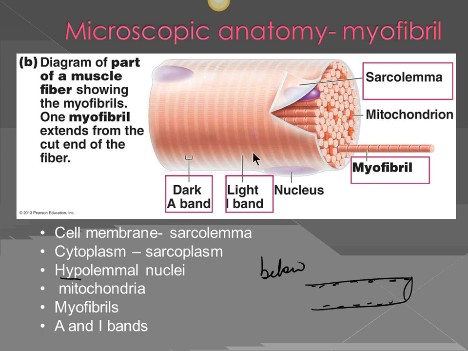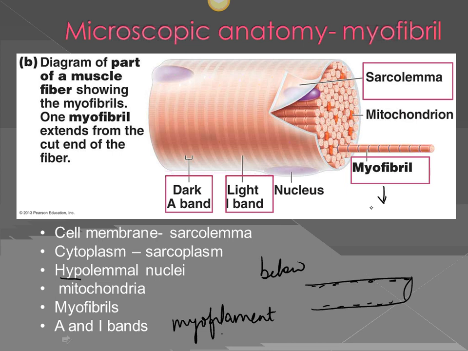Then, as I said, each muscle cell is made up of many myofibrils, right? Here you can see one muscle cell with many myofibrils, and if you pull one myofibril out, it is made up of little proteins which give it this banded appearance. Those proteins are known as myofilaments.